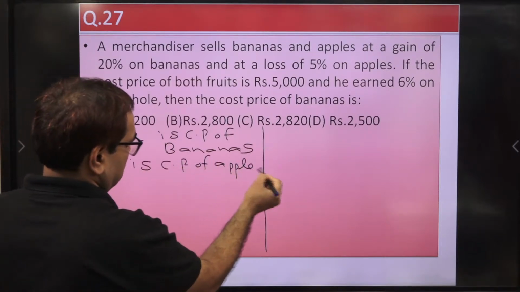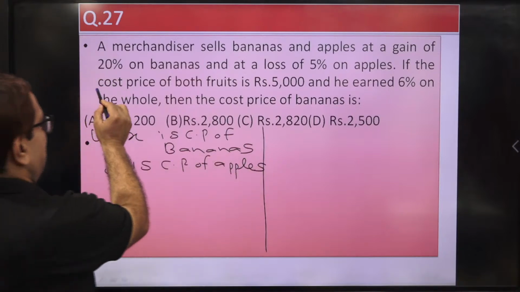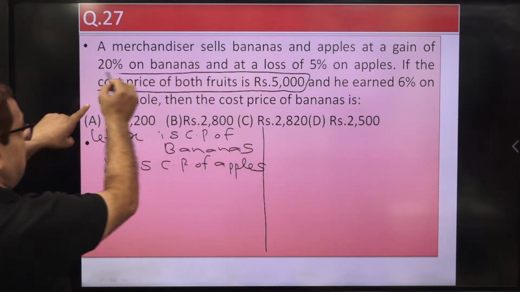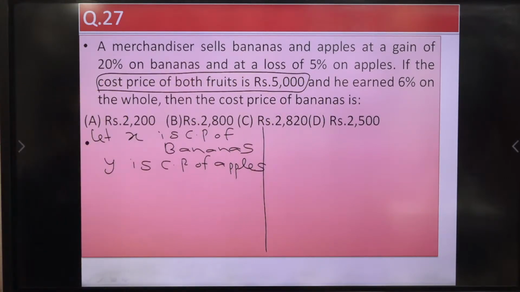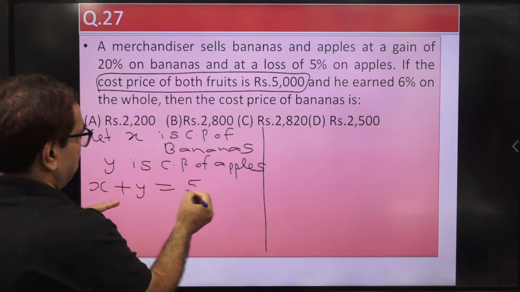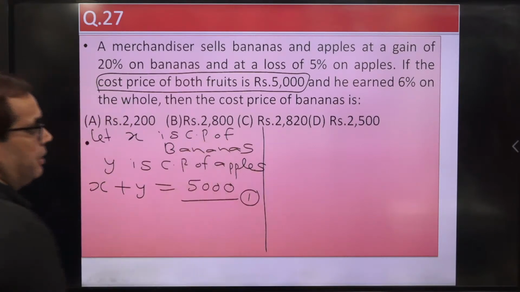Now the cost price of both fruits is 5,000. This line is given to us, so it means X plus Y is equal to 5,000. It is given to us, equation number 1 we can write here.